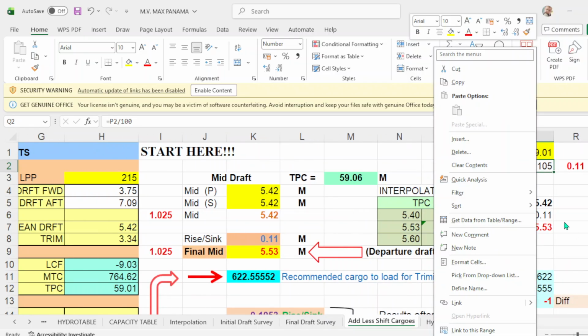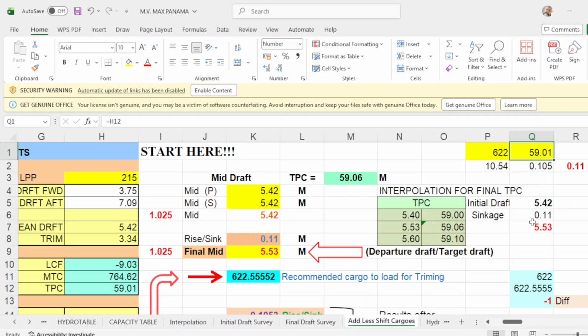So put here 59.01. Okay. So this 622 divided by 59.01, that will be 10.54. Divide this one with 100, that will be 0.1054, that will be exactly 0.11. Okay. So with your mean draft, you add your sinkage. That will be 5.53.